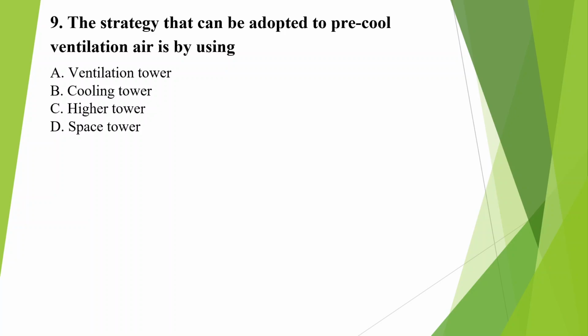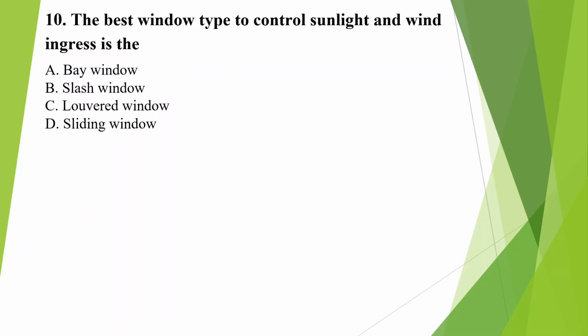Out of the four options, space tower and height are not strategies, rather this cooling tower is the strategy that uses an evaporative cooling process to pre-cool the air before it enters the indoor spaces. That's why option B is the correct answer for this question. So with this, let's move to the last question.